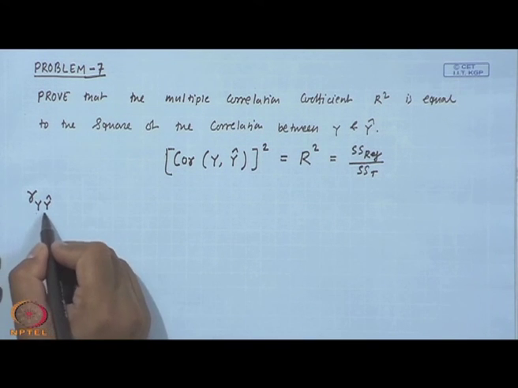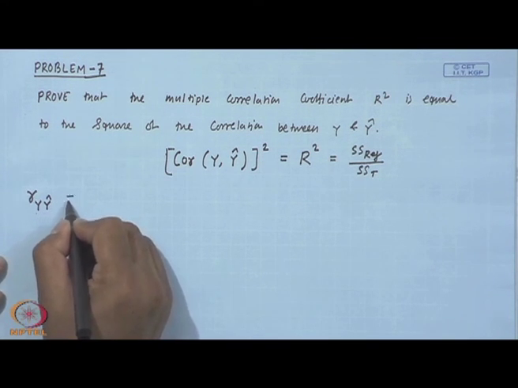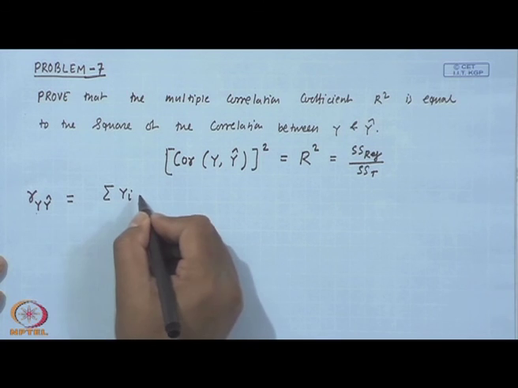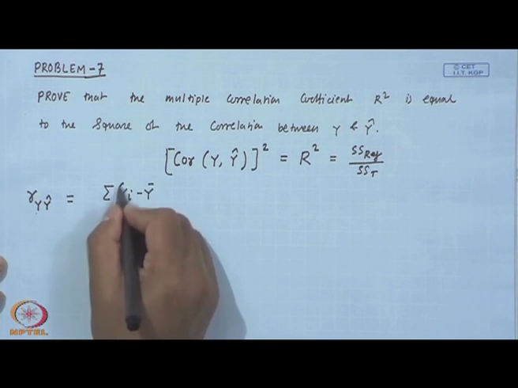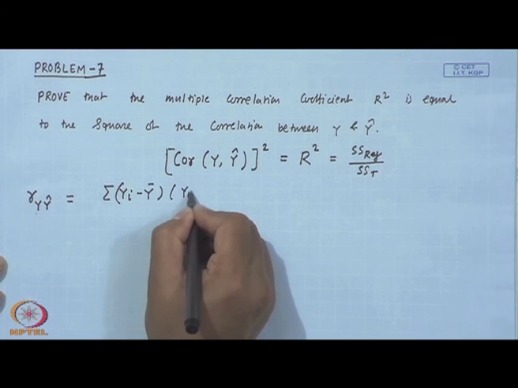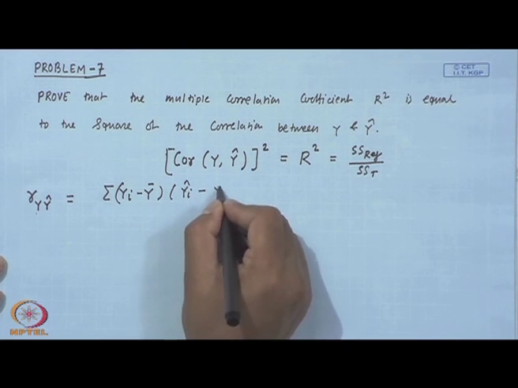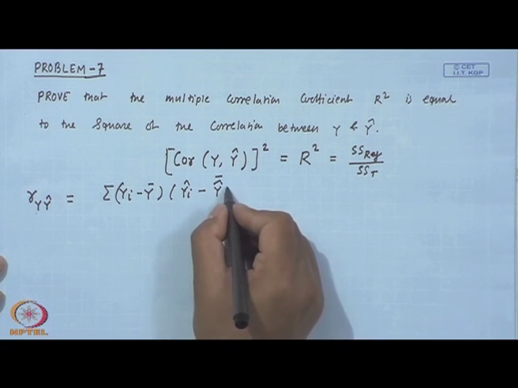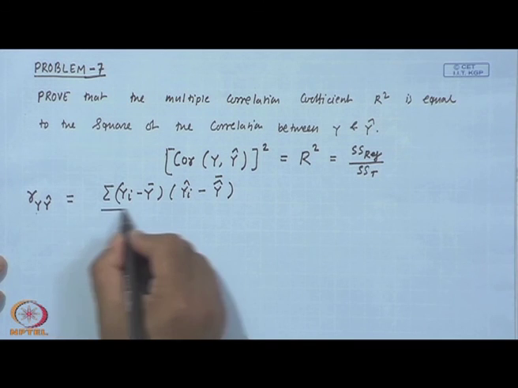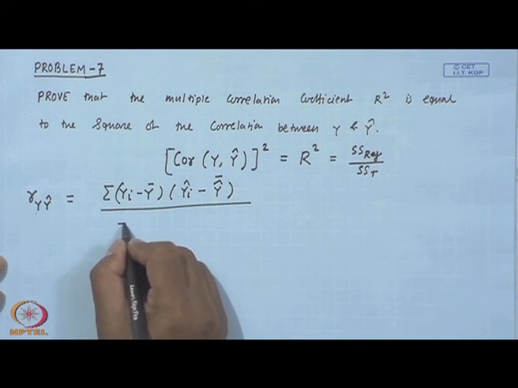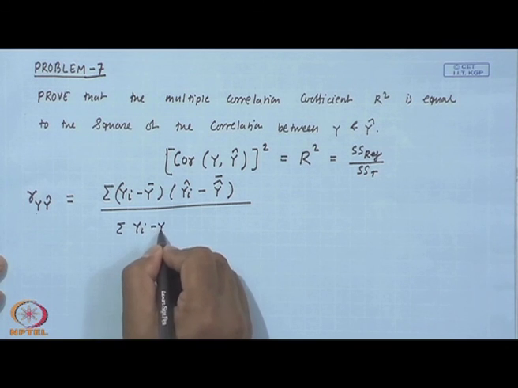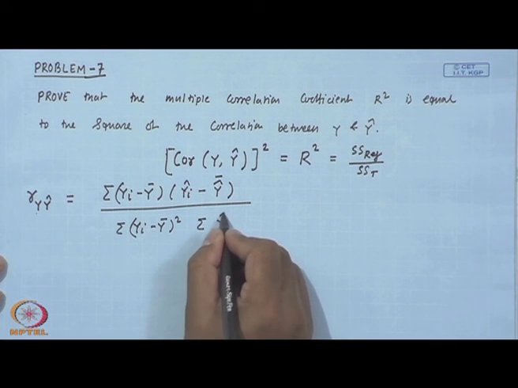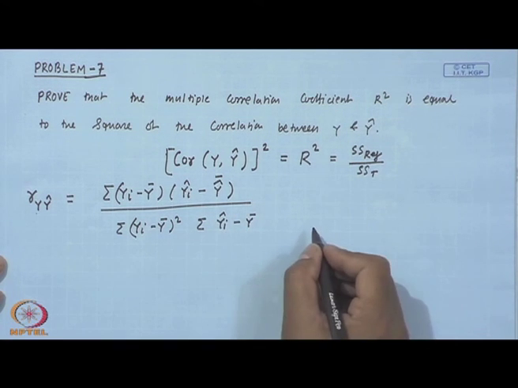This is the correlation between y and y hat, which is equal to the summation of y I minus y bar into y I hat minus y hat bar, you can write, but these two are same, divided by the square root of the summation of y I minus y bar square into the summation of y I hat minus y bar square.